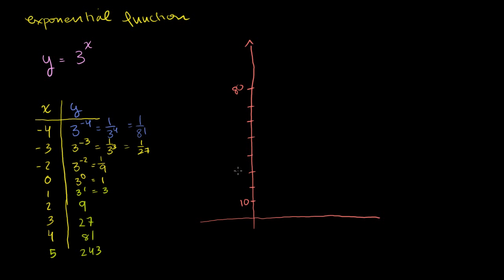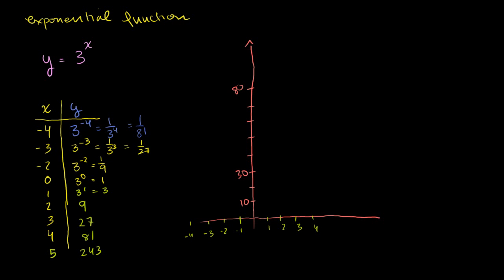That'll be good for approximation. And let's say this is -5, and this is +5 right here. Actually, let me stretch it out a little bit more. Let's say this is -1, -2, -3, -4. And then we have 1, 2, 3, and 4.